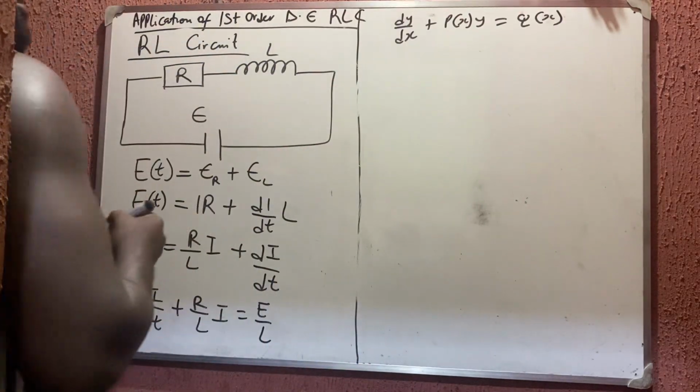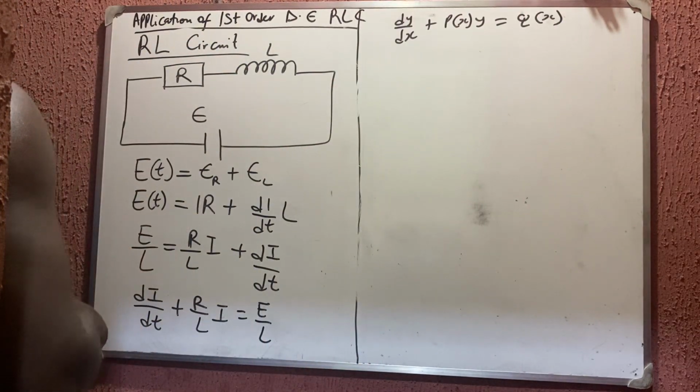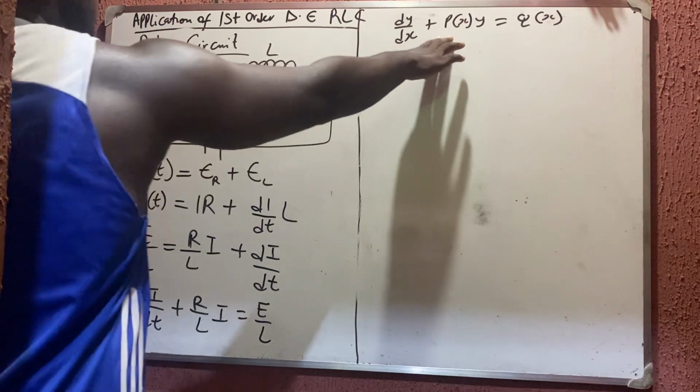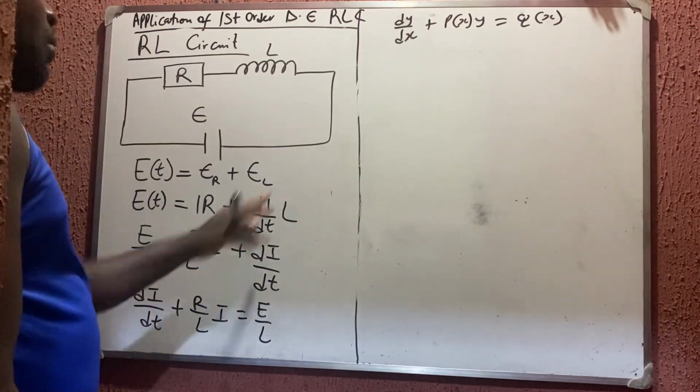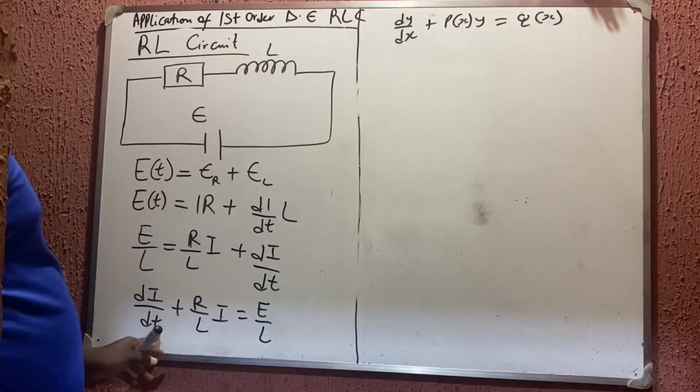Looking at ours, my y is being represented with I, while my x is being represented with t.